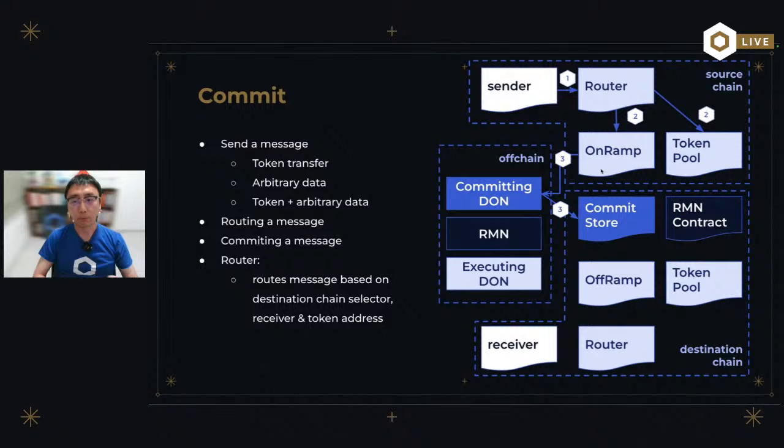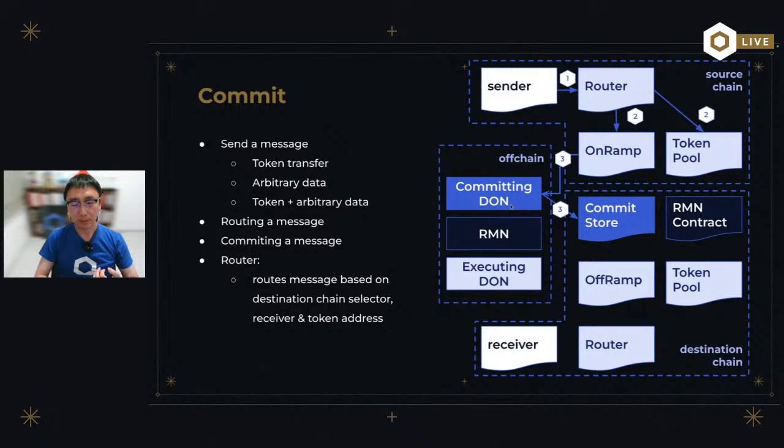Like I mentioned before, the event is like a log in a Solidity smart contract. When this log is emitted, it will be caught by the infrastructure called the committing DON in the off-chain. DON means decentralized Oracle network, which is a very important infrastructure in Chainlink.